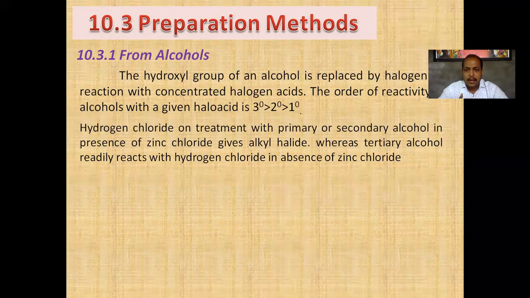Here the order of reactivity of alcohol with halo acid is tertiary greater than secondary greater than primary, meaning tertiary alcohol readily reacts without the use of any catalyst. I have mentioned here that tertiary alcohol reacts in the absence of zinc chloride. It indicates that tertiary alcohols are more reactive, more stable.